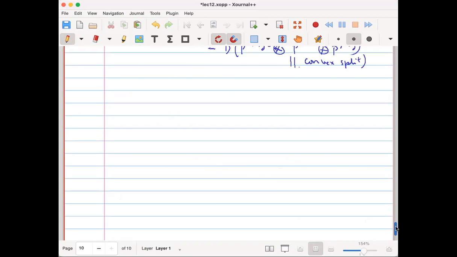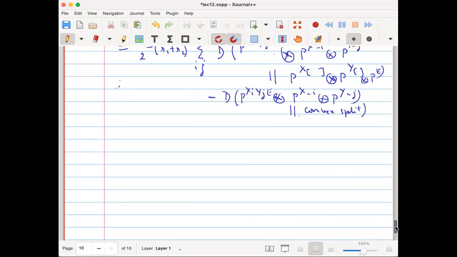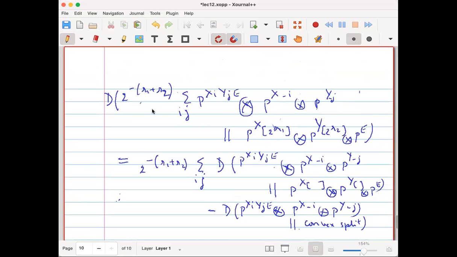If you recall the proof of the convex split lemma, this was the first step, the relative entropy. So let me write down. I mean, there are three states.